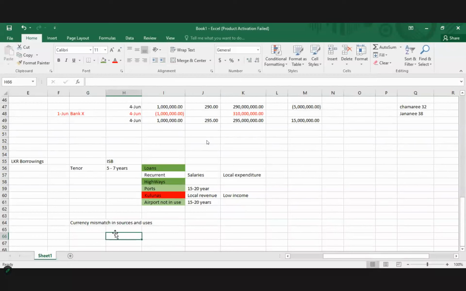So this is a currency mismatch. Currency mismatch is an FX risk. Then tenor mismatch. Liquidity risk.